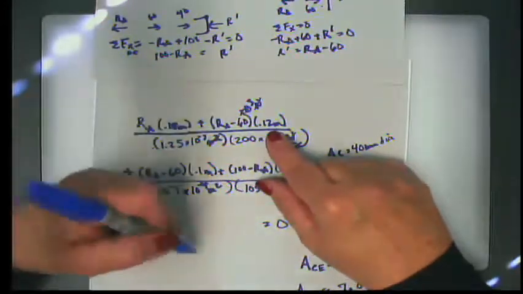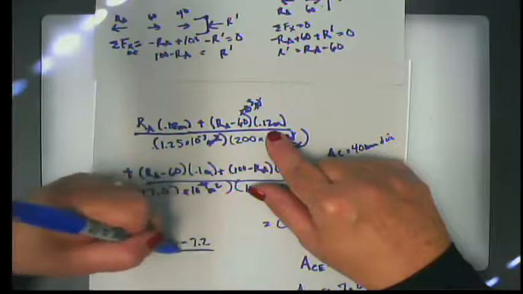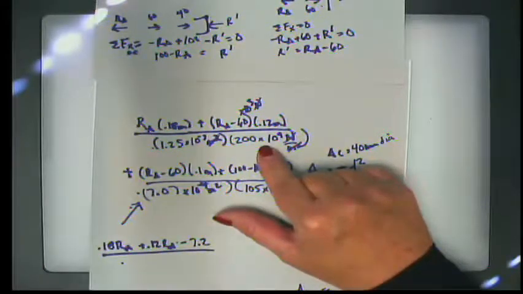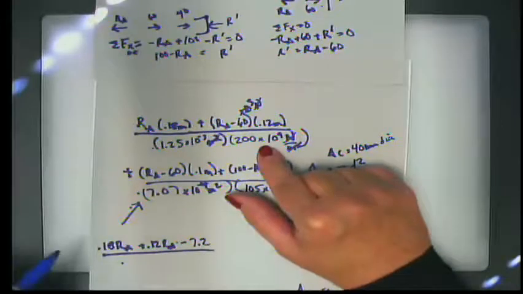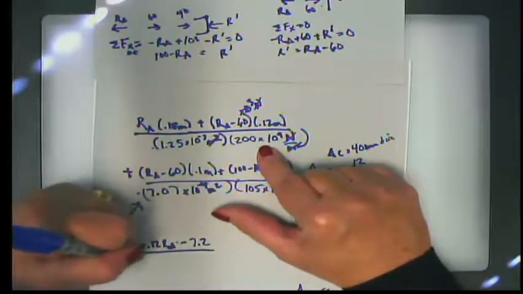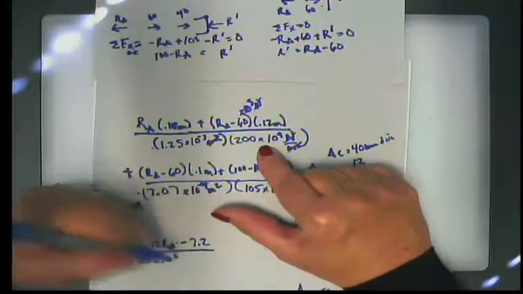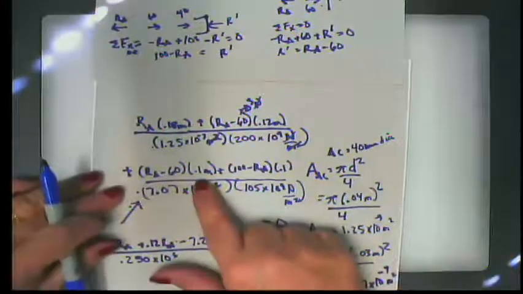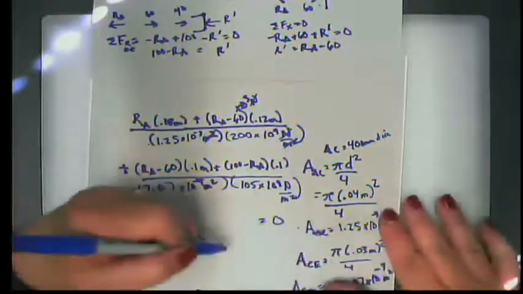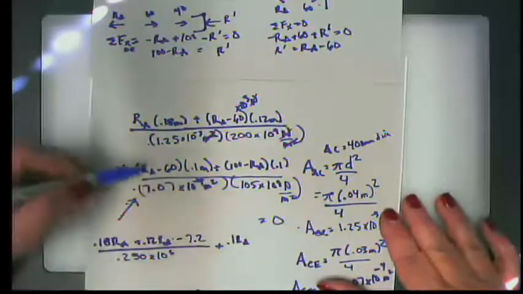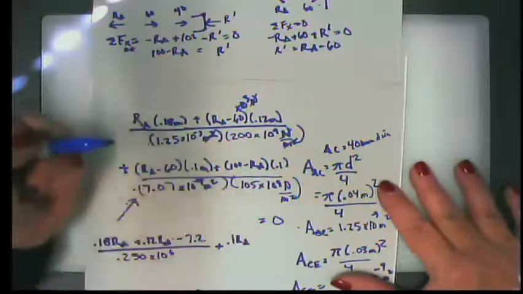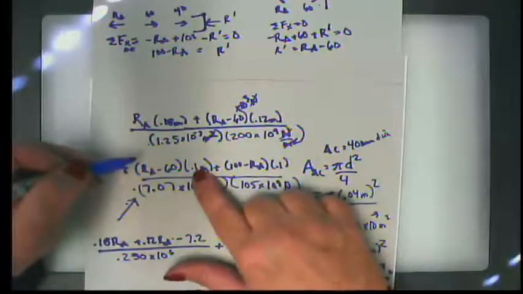So that's minus just the value 7.2 all over this denominator, 1.25 times 10 to the negative third times 200 times 10 to the 9th, which gives me a value of 250 times 10 to the 6th. Okay? Add to that, here I need to distribute this. This is going to be 0.1 R sub A. And then when I multiply these two, I'm going to get minus 6 is the numeric value here.